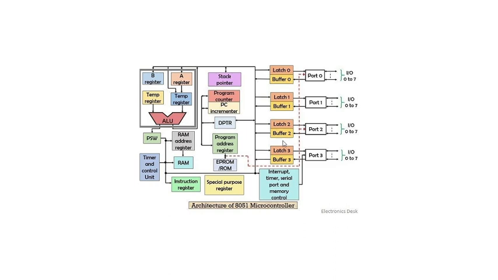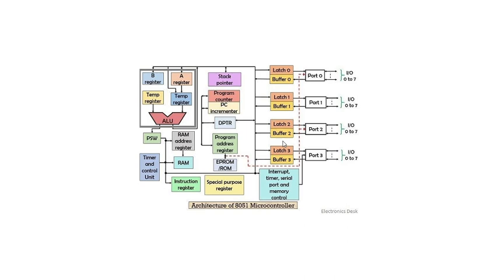As we know that a microcontroller is nothing but a microcomputer. A computer consists of a CPU, some input-output devices, and memory, and all these are connected together to perform the function of a computer.